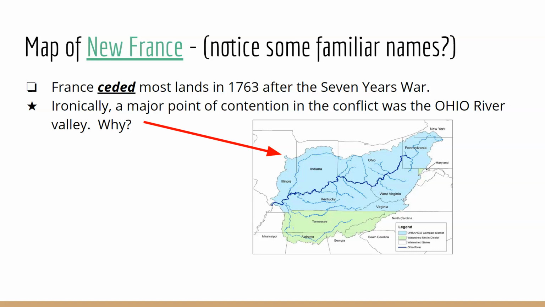France had been fighting with Great Britain in what is now the United States and Canada in the late 18th century, primarily in the 1760s. In 1763, we have the end of what's called the Seven Years' War, or sometimes in the United States we refer to it as the French and Indian War.